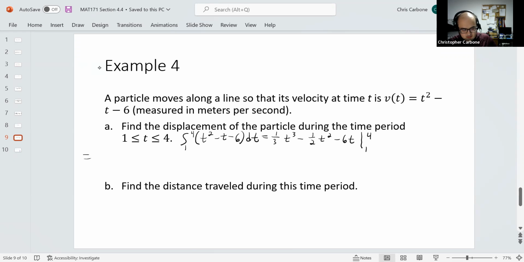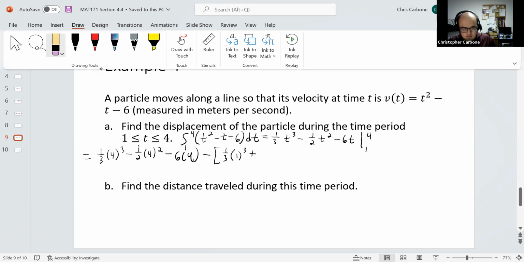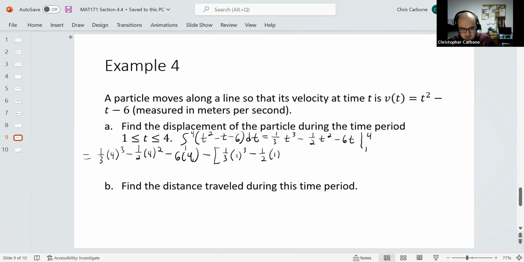So that will become 1/3 times 4 cubed minus a half times 4 squared minus 6 times 4, minus 1/3 times 1 cubed minus a half times 1 squared minus 6 times 1.